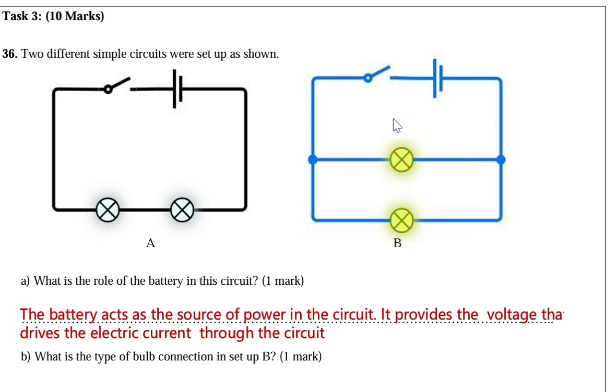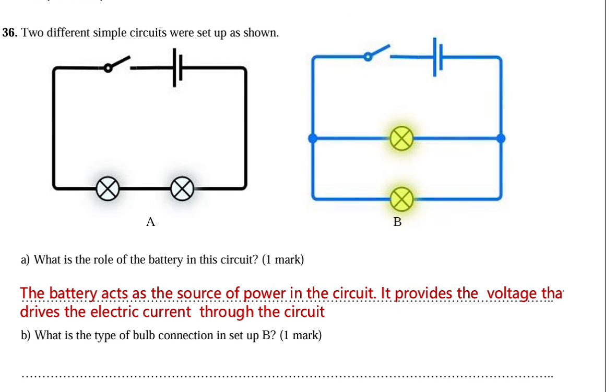Also here, the two bulbs, the battery and the switch. What is the role of the battery in the circuit? 1 mark. The battery acts as the source of power in the circuit. It provides the voltage that drives the electric current through the circuit.